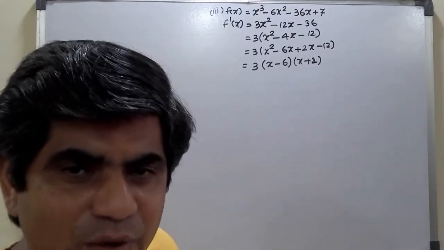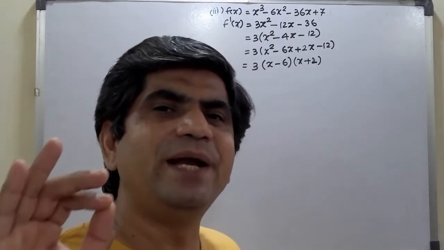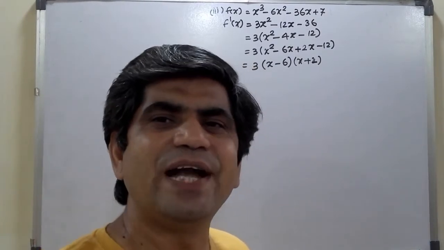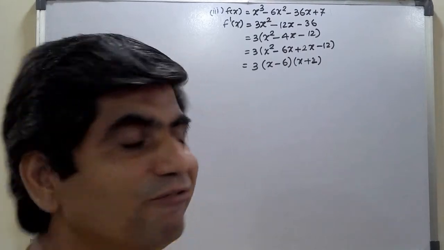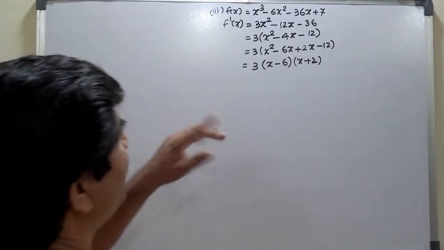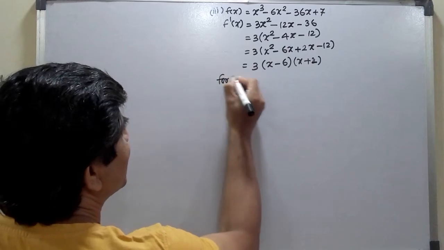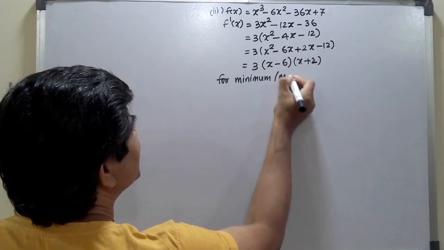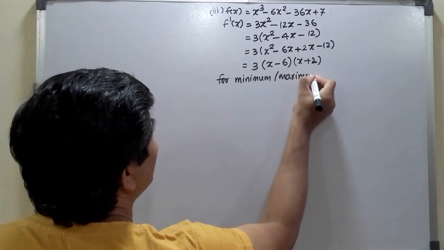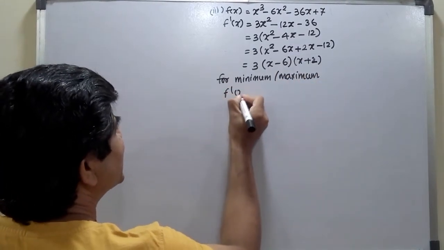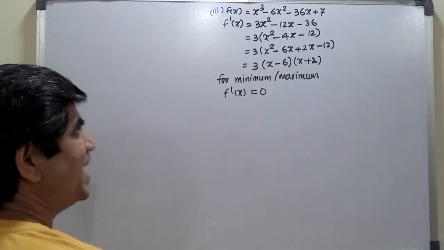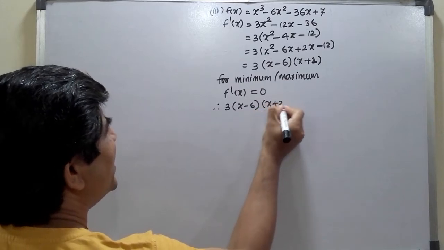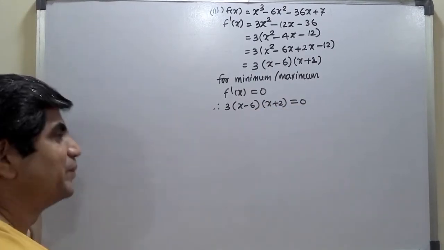I know one thing very clearly, that if it is maximum or minimum, the first derivative is going to be 0. So I am finding the first derivative, which I have already found out. So for minimum or maximum, in any case I need to find the critical point. f dash x is 0, that means 3 into x minus 6 into x plus 2 is equal to 0.